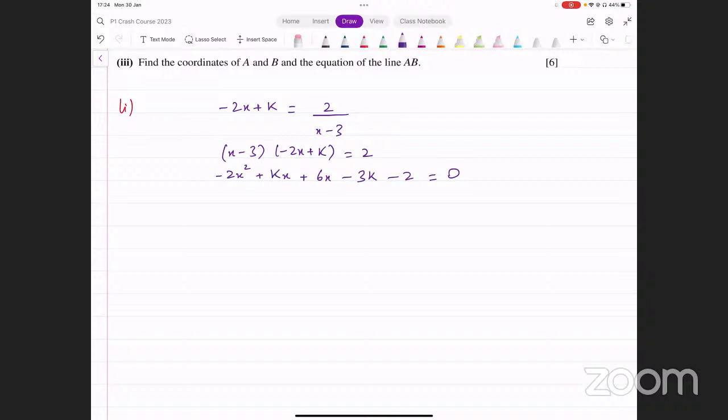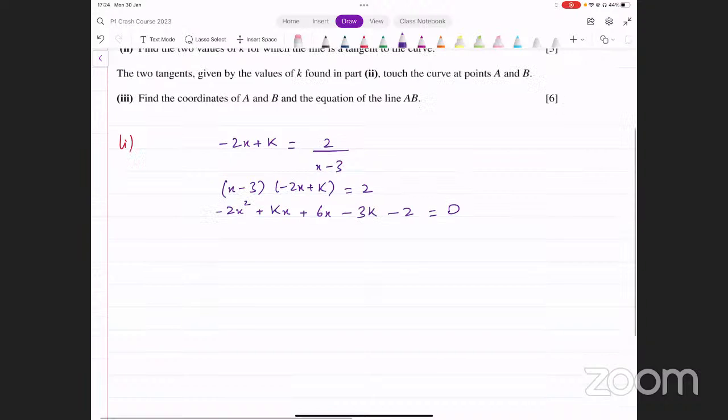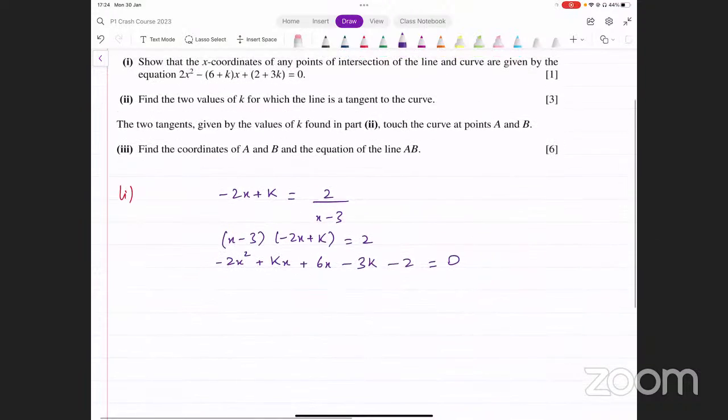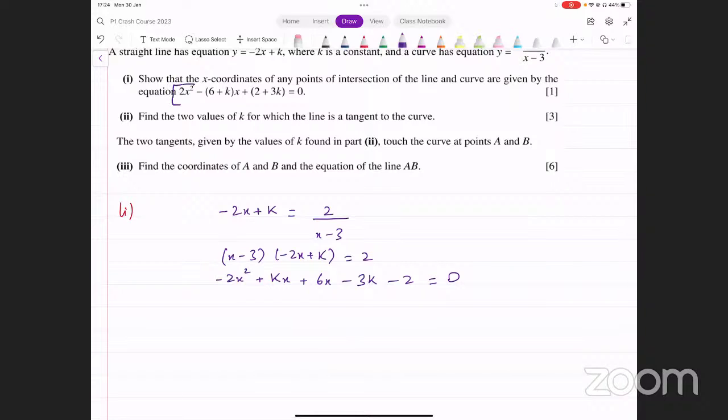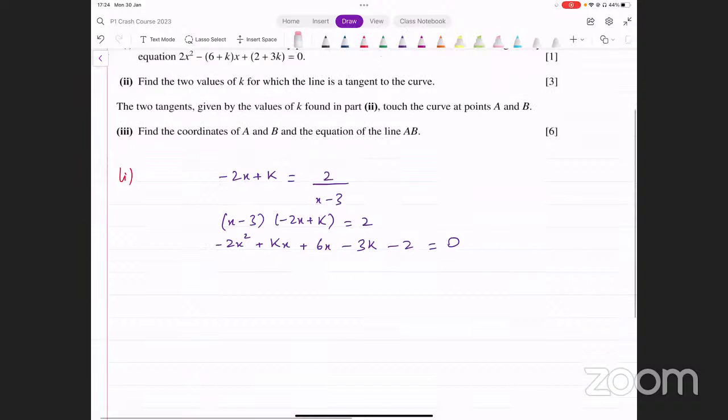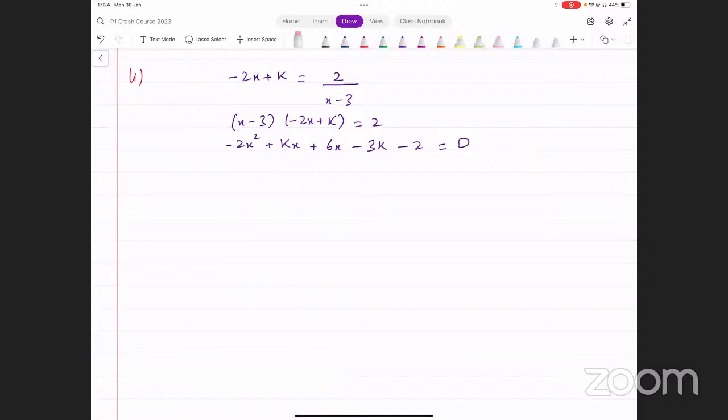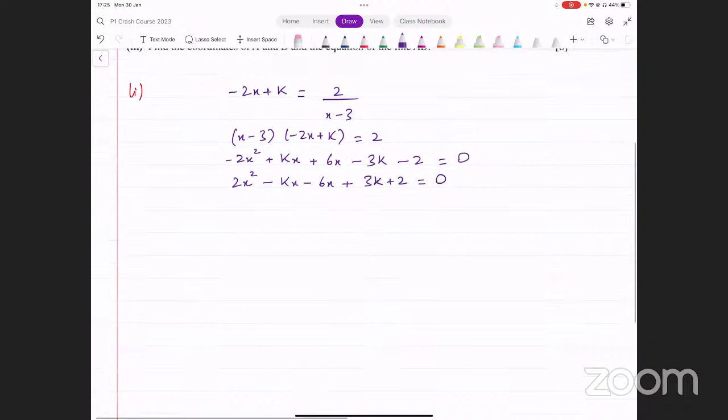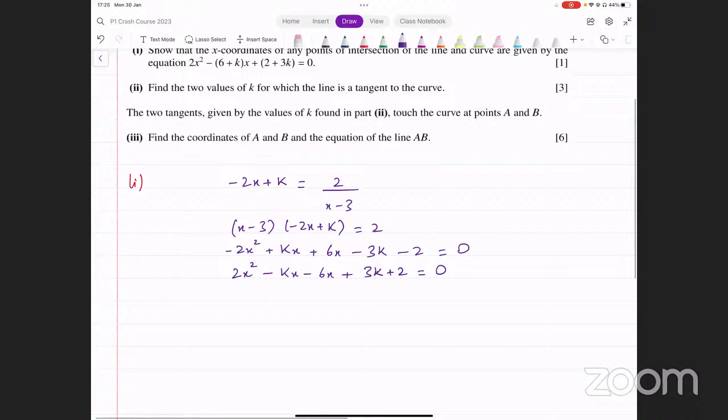What we can do is we can make the coefficient of x squared positive first, because in the form that you have to show, the coefficient of x squared is positive. It's plus 2. You're getting minus 2. So in order to get plus 2 here, just multiply the whole equation by minus 1 first. And that gives us 2x squared minus kx minus 6x plus 3k plus 2 equals 0. And now that's the form that we want.